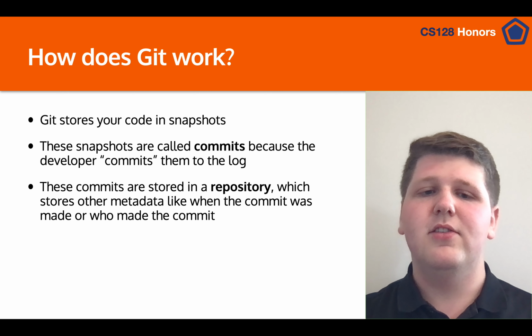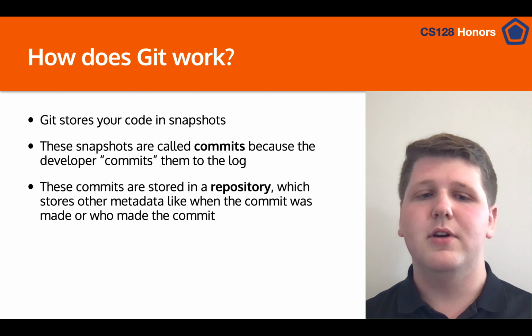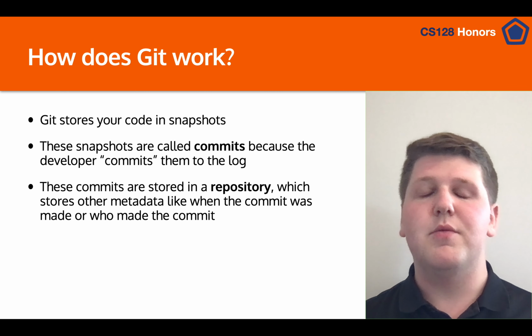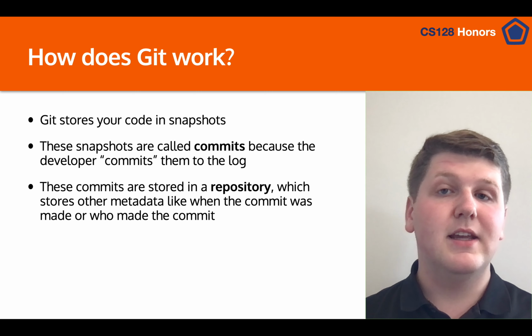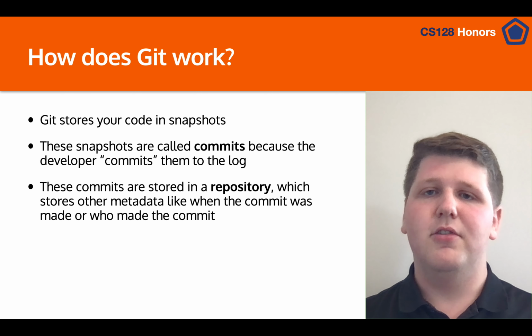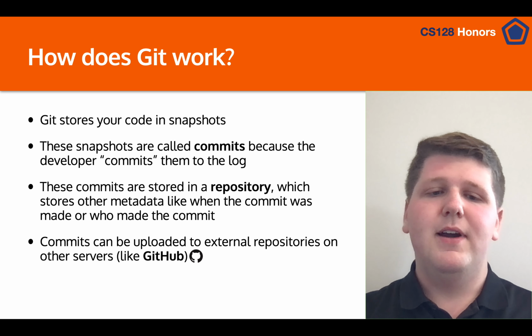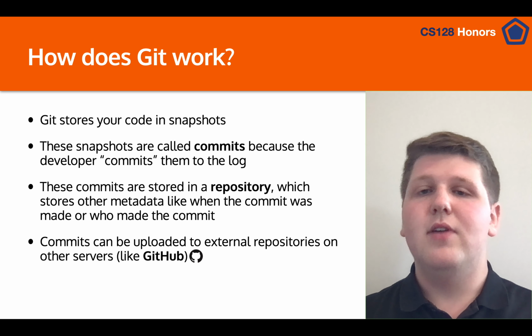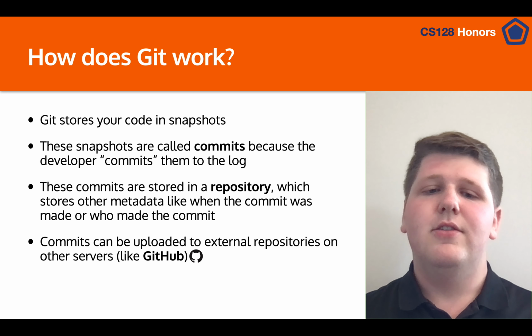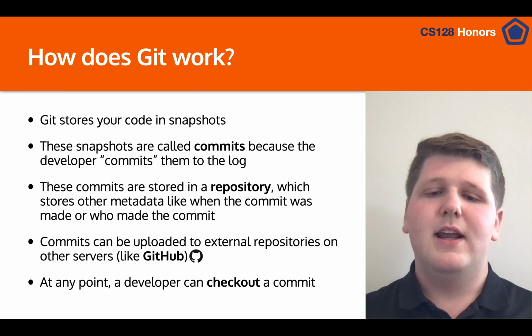Now these commits are all stored in a repository, which stores other metadata like when the commit was made or who made the commit, all in one centralized place. And then finally, commits can be uploaded to external repositories on other servers or other computers like GitHub. And then at any point, a developer can check out a commit and take a look at the previous history.